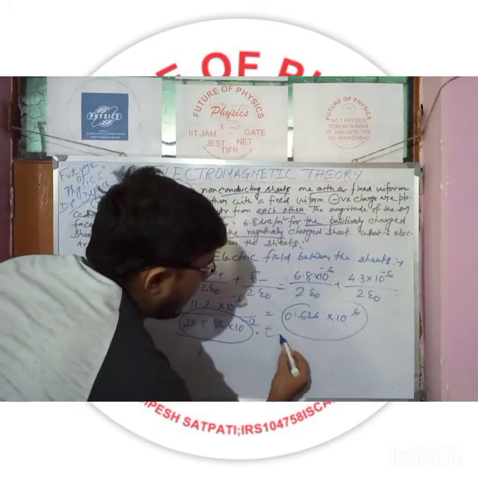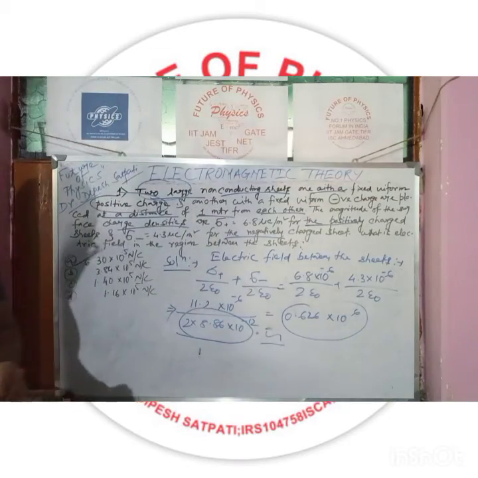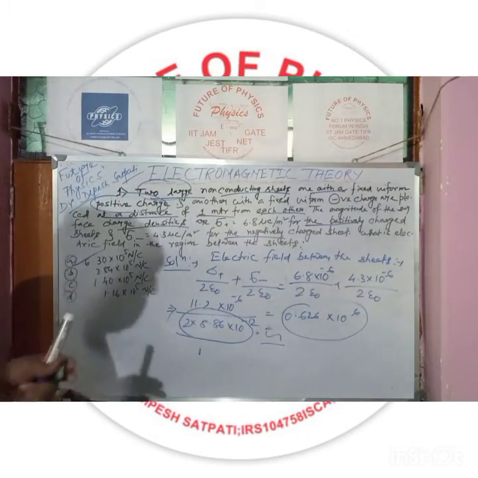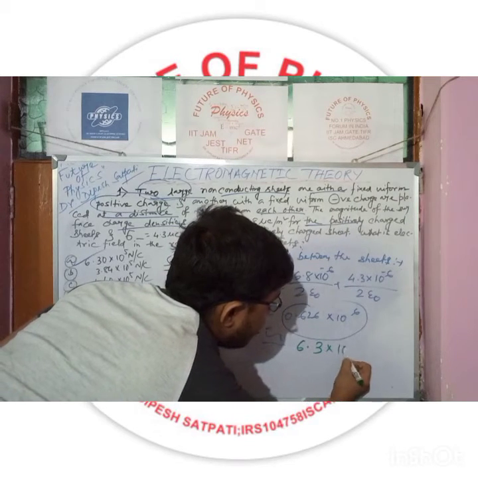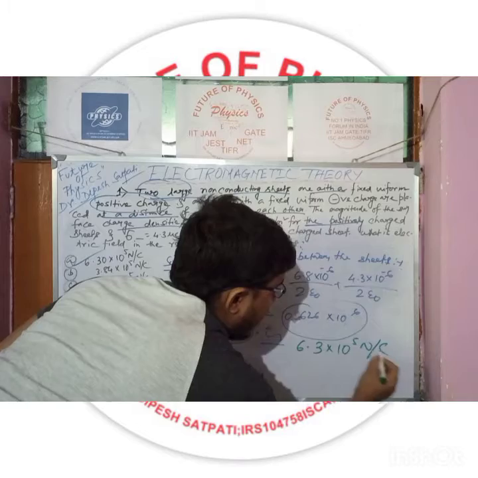Now the approximate value is 6.3 into 10 to the power 5 Newton per coulomb.